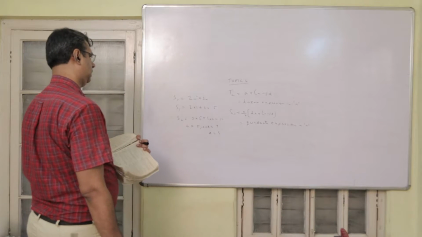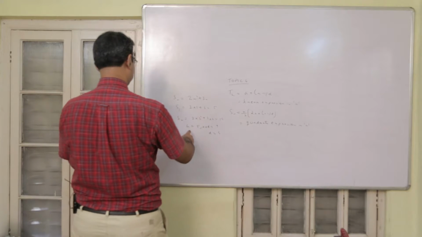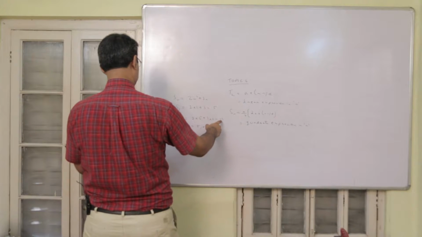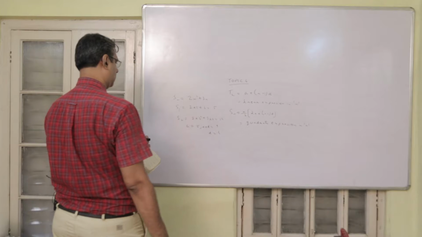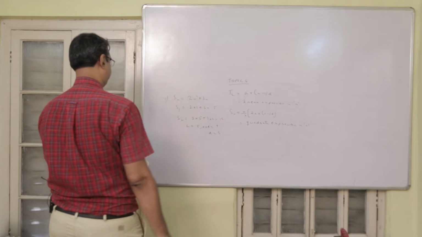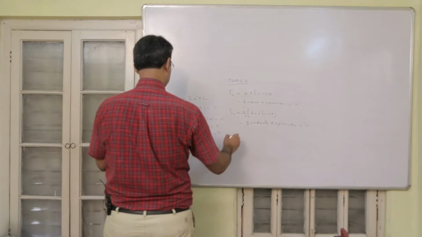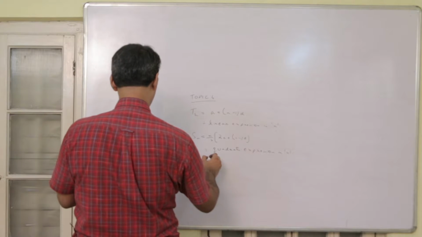You know Sn, so you find out S1, find out S2. S1 will be the first term, and the first and second term together will be S2. So the second term we got like that, and from there we got the common difference. So this is one way of finding out the series. There is another way.